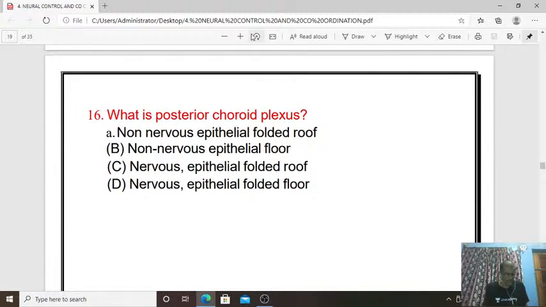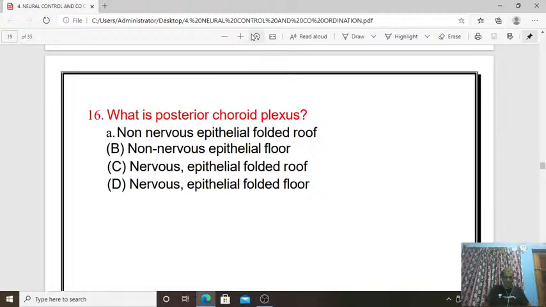Next question, 16th one. What is posterior choroid plexus? In the case of the human brain nervous system, what is choroid plexus?